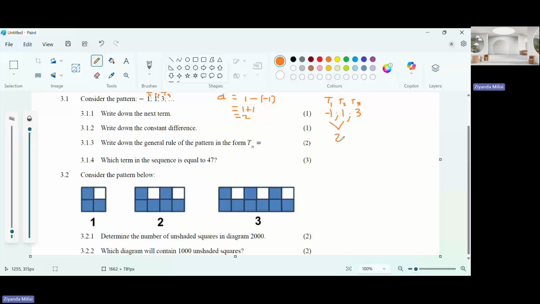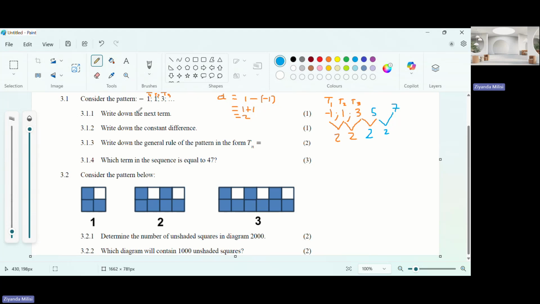You can do it with term 3 and term 2: 3 minus 1 is also 2. You can also now predict what will be the next term. Just add 2 to 3, it's going to be 5. Then the next one, you're going to add 2 to 5, it's going to be 7. Even the next one you can predict.